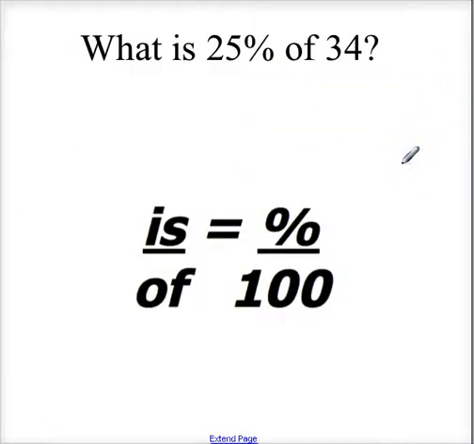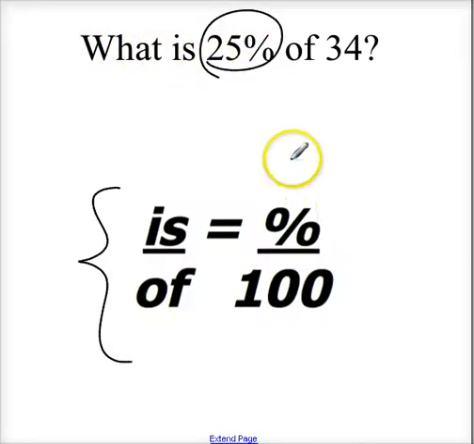Here's another way that you might see a percent problem. What is 25% of the number 34? When you see something like this, we can use this formula to fill in what we know. What is 25%? As soon as you see a percent, that's what goes over the percent part.